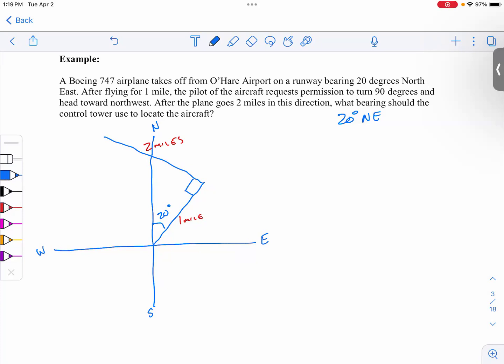Which means exactly, we are looking for that angle. And basically we've created a triangle and I know some of the information.